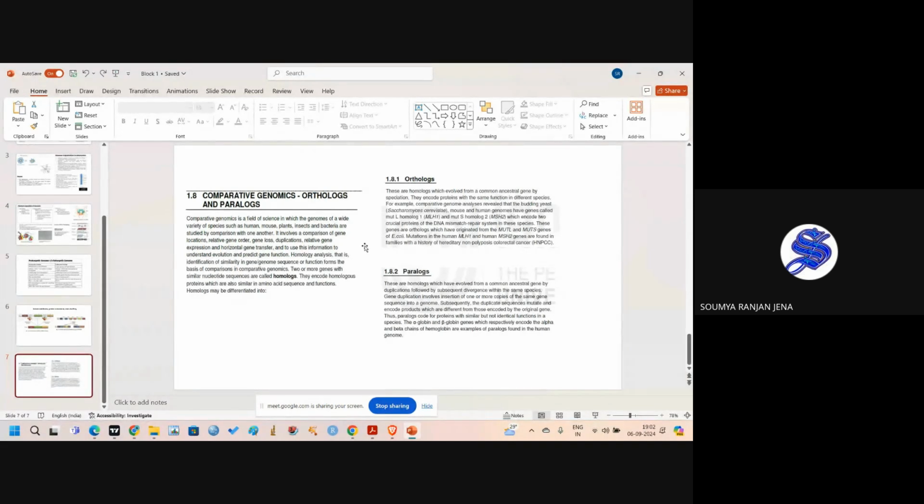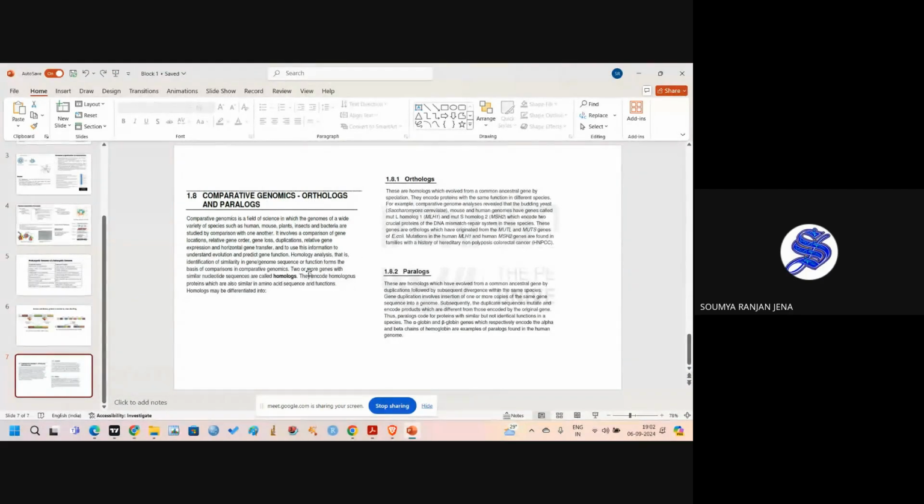It involves a comparison of gene location related to gene order, gene loss, duplication, relative gene expression, and horizontal gene transfer, and uses this information to understand evolution and predict gene functions.